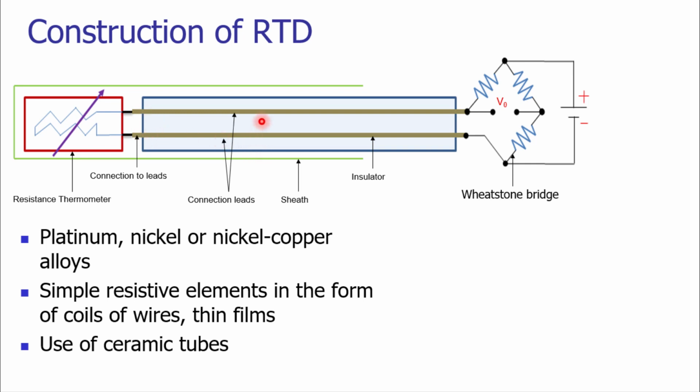The connecting leads are properly insulated, and through the leads we are getting the signal in terms of change in resistance. This entire construction is properly protected with the sheath because we are using these materials in hazardous or harsh working conditions.